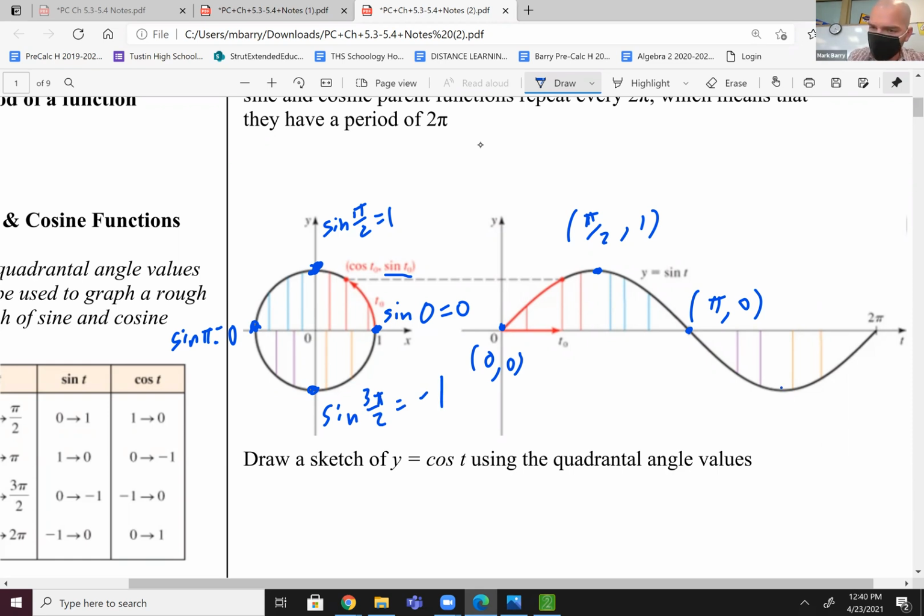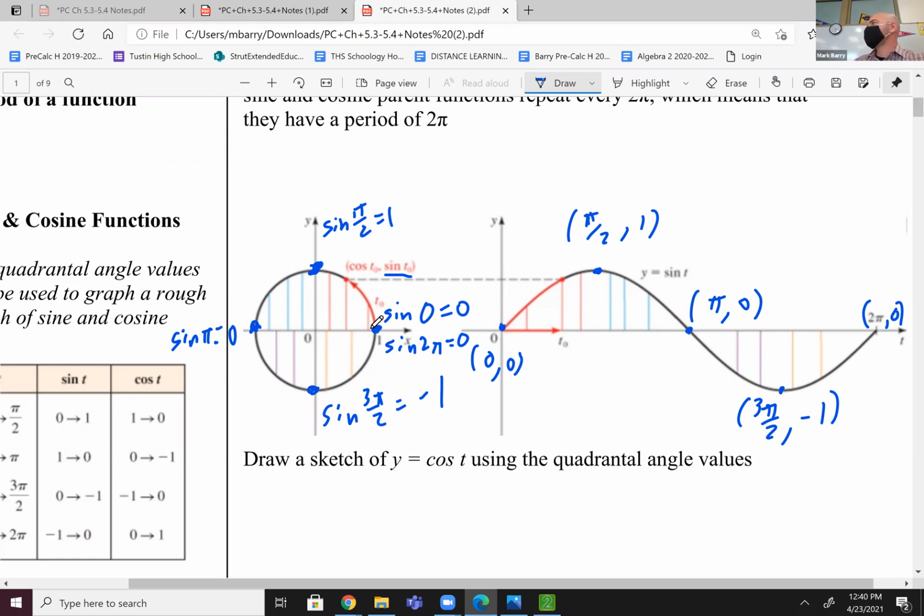So that's why this point is (3 pi over 2, -1). And then 2 pi is actually in the same spot as 0 because 2 pi is like we went all the way around the circle and we're back to where we started. So of course that's still 0. So we have (2 pi, 0) to finish out the period.